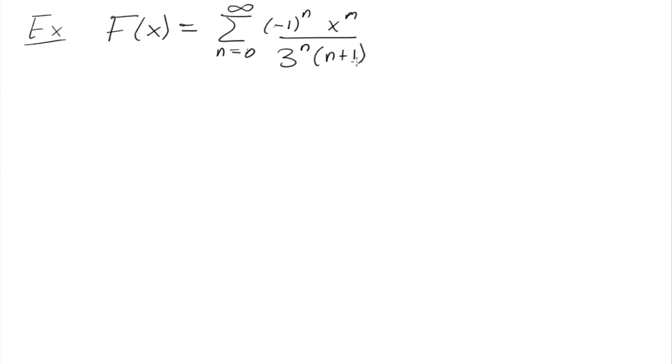So this series converges if the limit as n goes to infinity of the absolute value... what's the first thing?